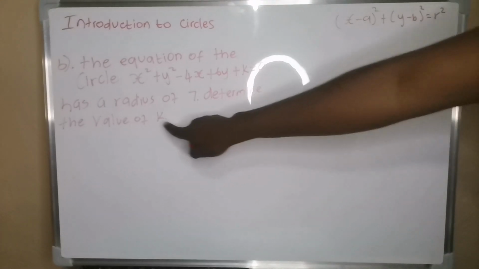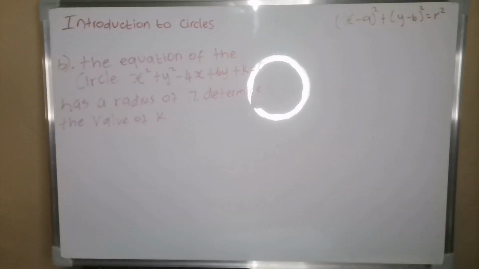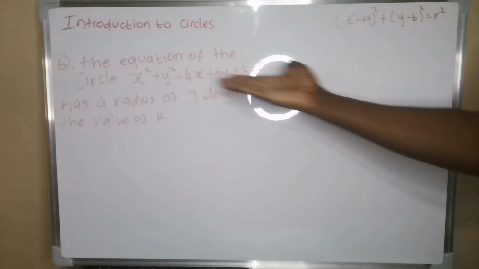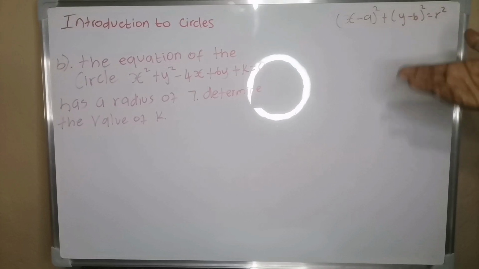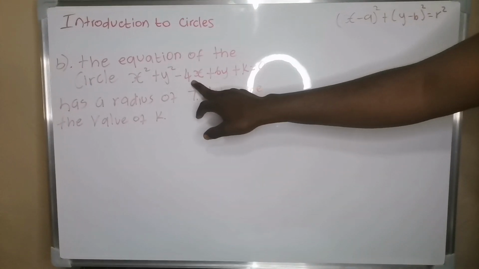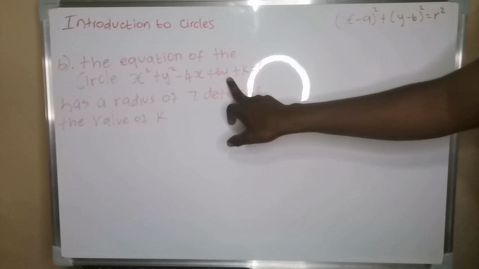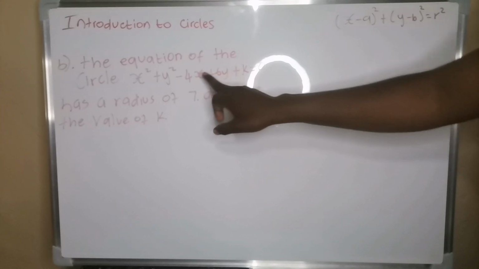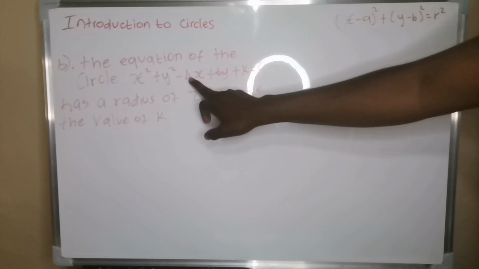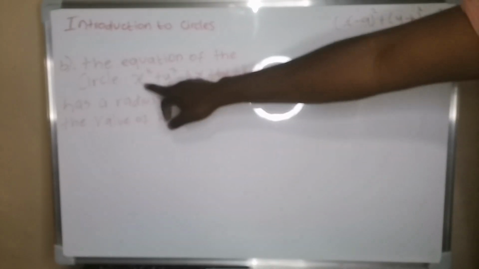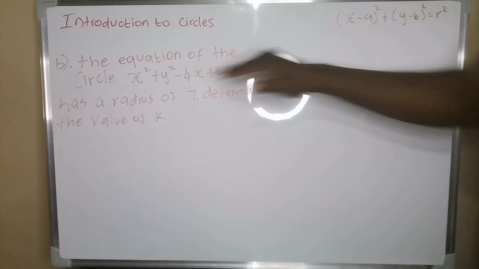The first thing is to put your equation in standard form. If you have an equation with x and y to the power 1 with their coefficients, and x squared and y squared, you complete the square.